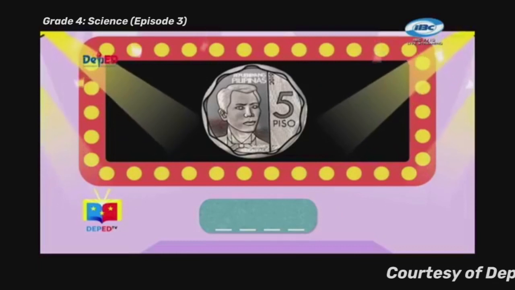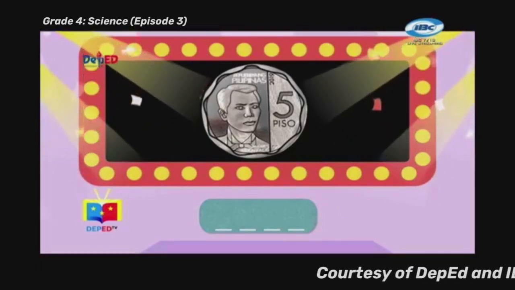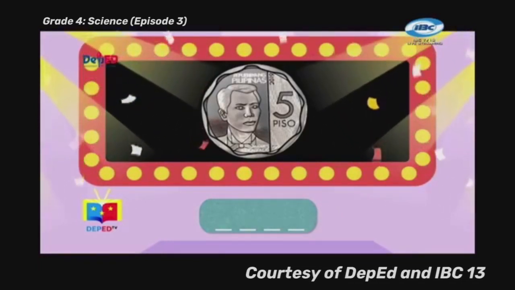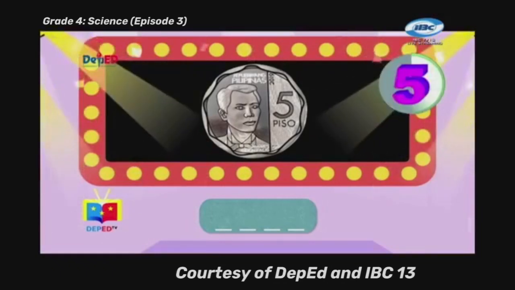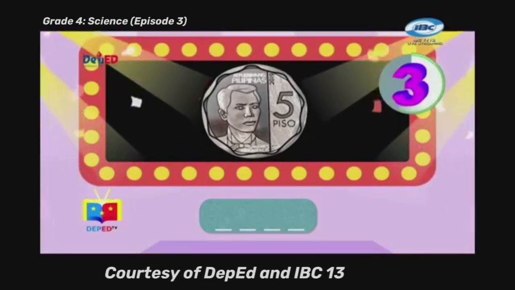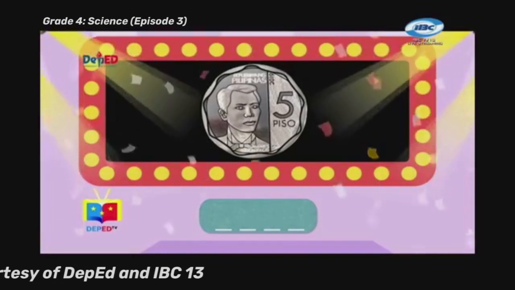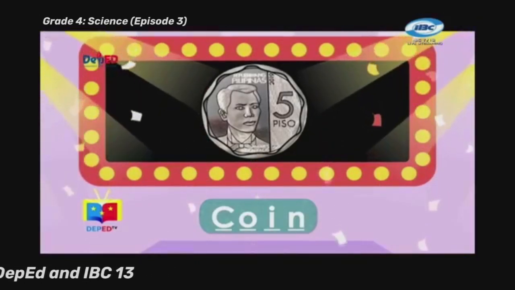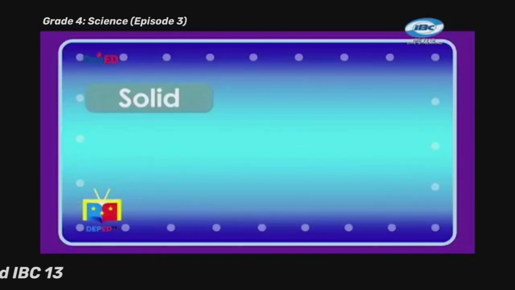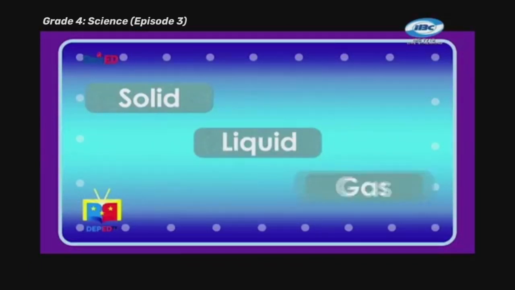What is this object? We use this in paying for the items we buy. The answer is coin. Is a coin solid, liquid, or gas?